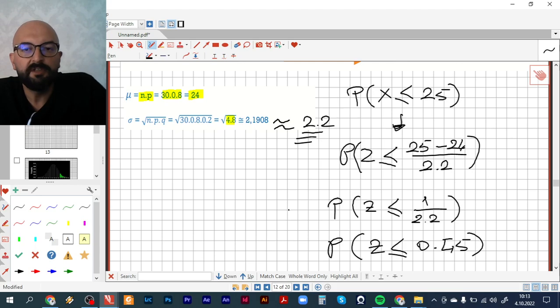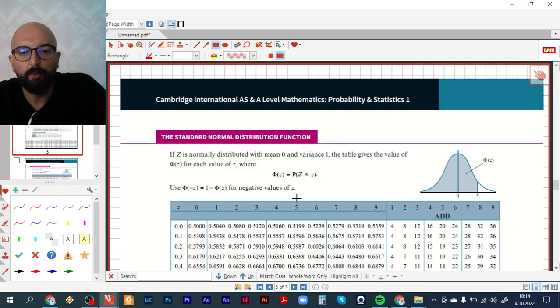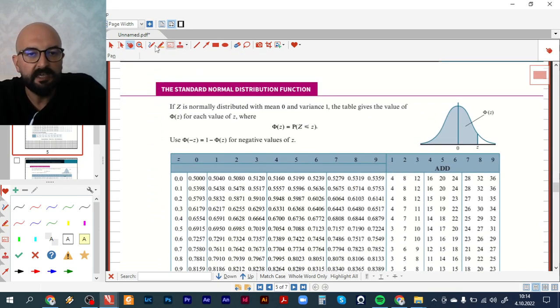Then we will use the z table and find 0.45.